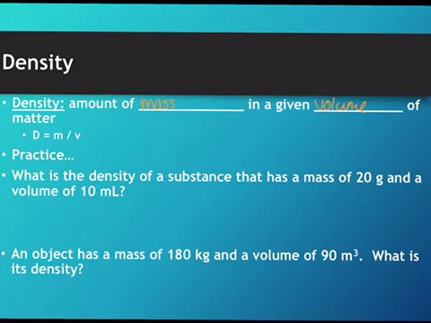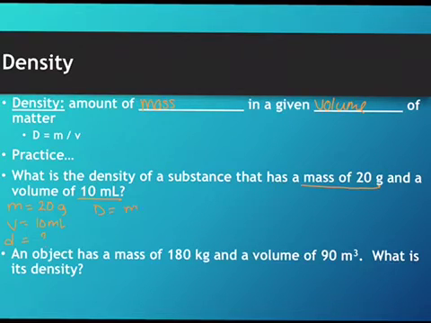So what is the density of a substance that has a mass of 20 grams and a volume of 10 milliliters? So again, fill out what you're given in the problem. So we have a mass of 20 grams, a volume of 10 milliliters, and we don't know our density.